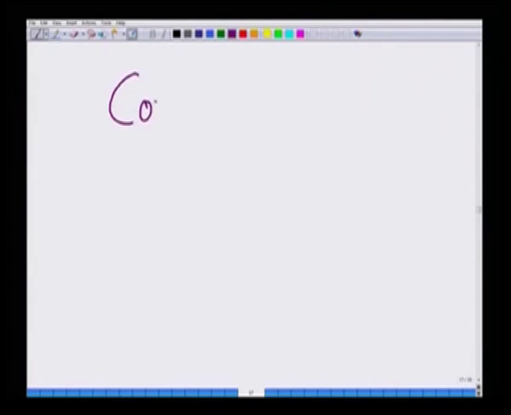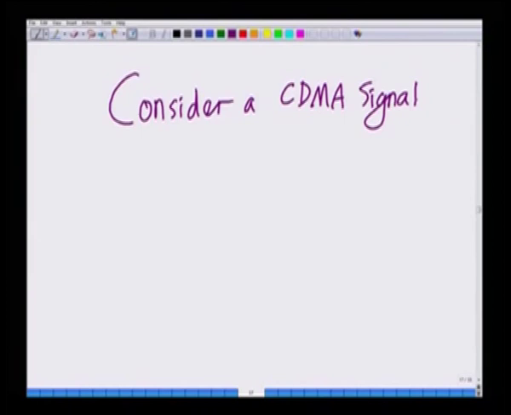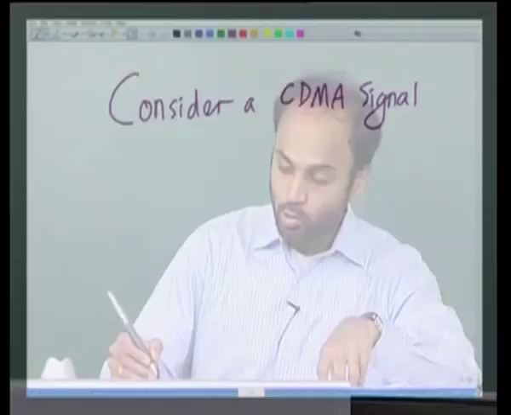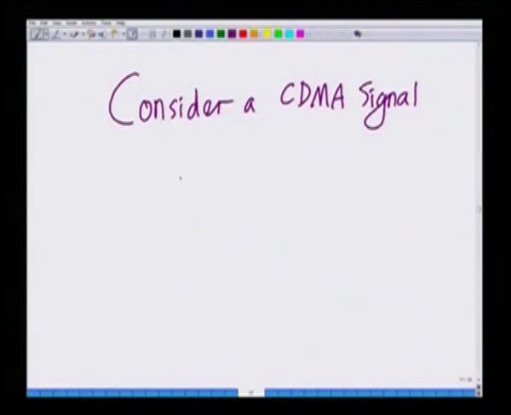So, let us consider a CDMA signal, which, remember, is given by multiplying the symbol of the user with the code of that user. I will consider user 0. So, xm is the CDMA signal, which is S0, that is the symbol of user 0, times the code of user 0.